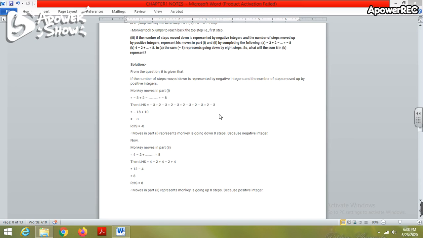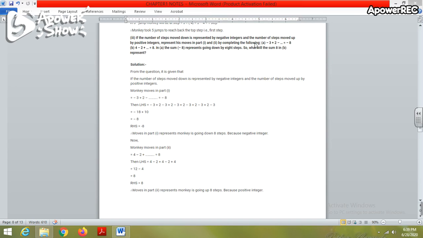This will stop at 11 because the monkey will reach the 9th step after 11 jumps. Now just add: -3 is added 6 times, so -18, and 2 is added 5 times, so 2 times 5 equals 10. So -18 plus 10 equals -8.